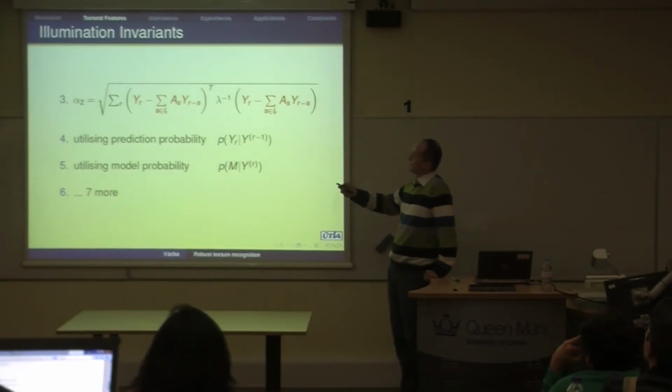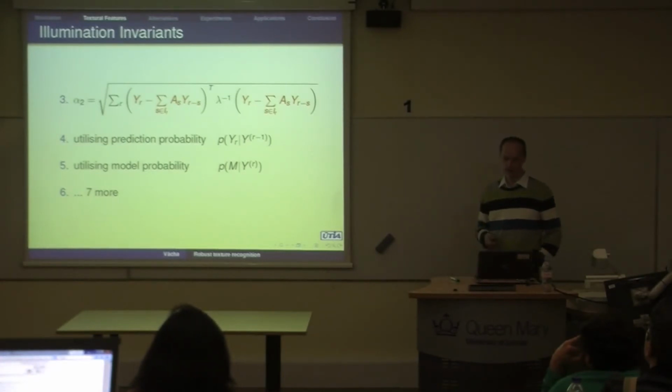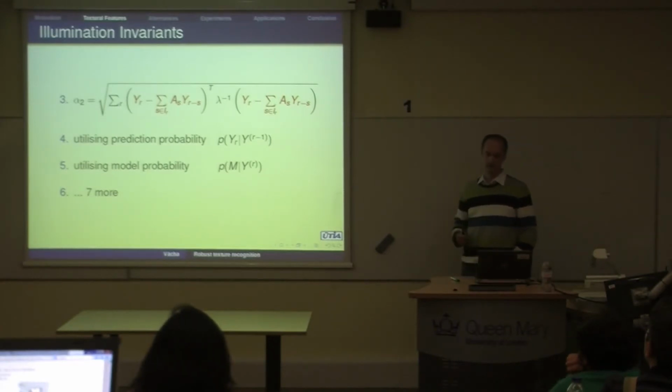So this term states how good the model is in the prediction of texture, how good the model can explain the texture, which kind of says how much the texture is complicated. And also, I will not go into the details, but prediction probability and model probability can be made illumination invariant.